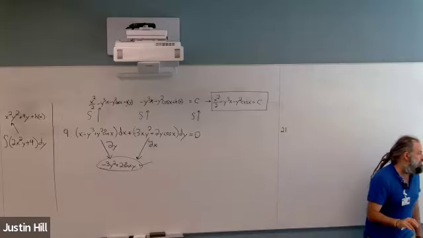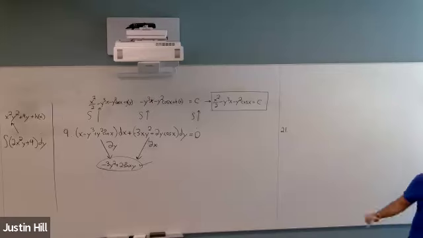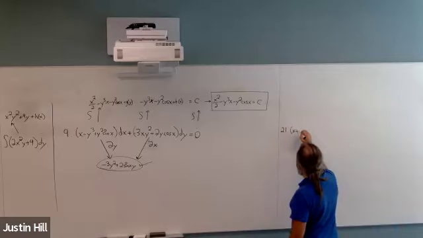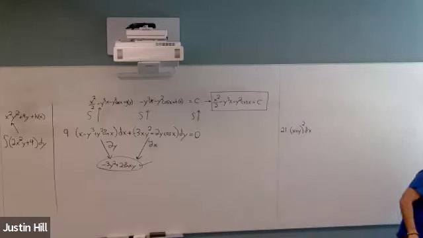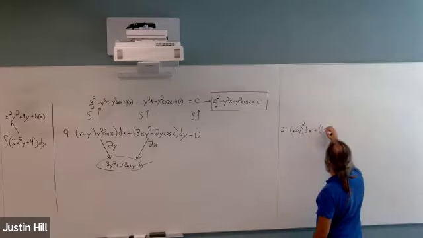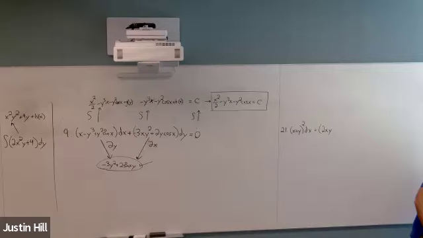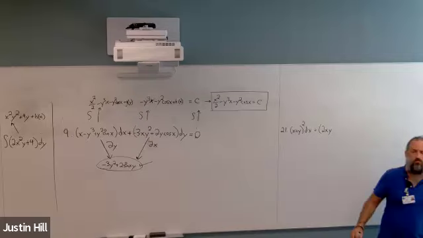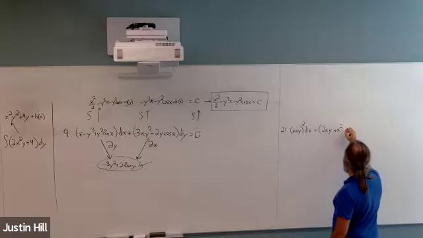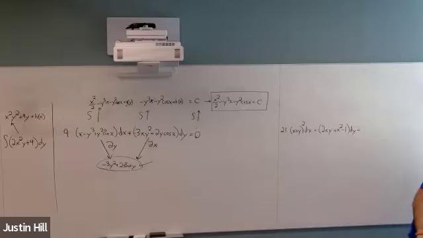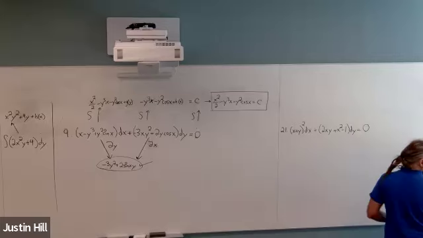So anyways, let's do: we have (x plus y) squared dx, and 2xy plus x squared minus 1 dy, and all of this equals 0.